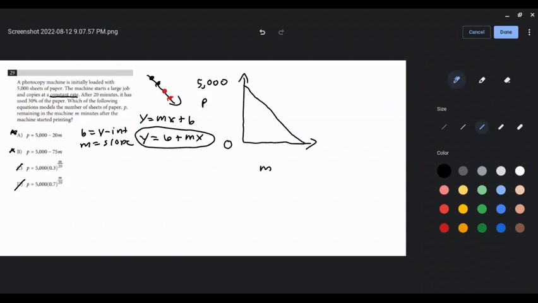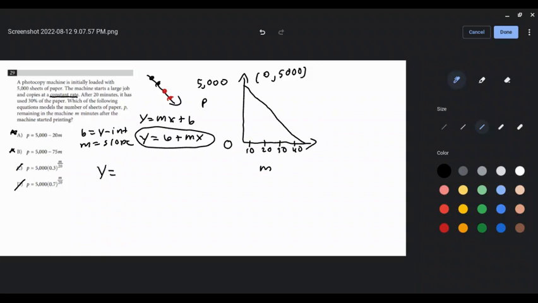The next thing to do is label the x values. So we'll have 10, 20, 30, and these are in minutes, and 40, and so on. So now we want to create our equation for this problem. So we know that the y-intercept from this graph is (0, 5,000).